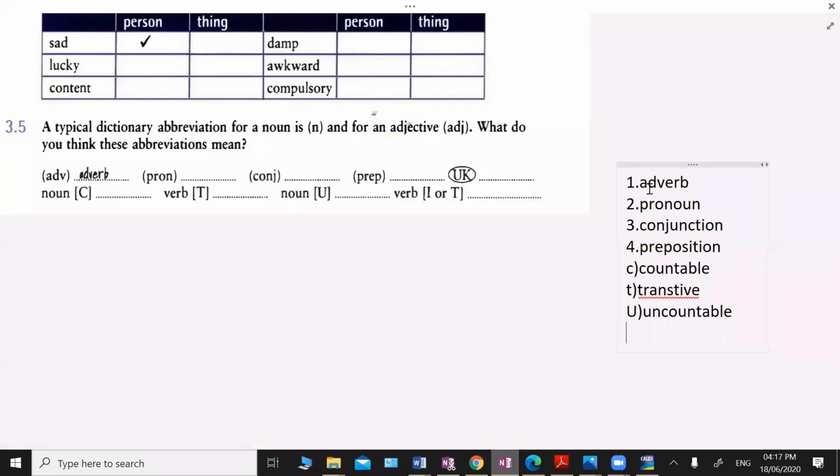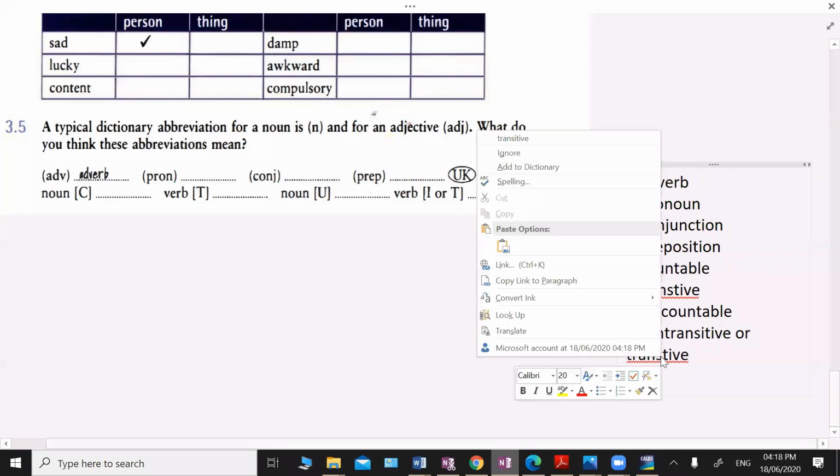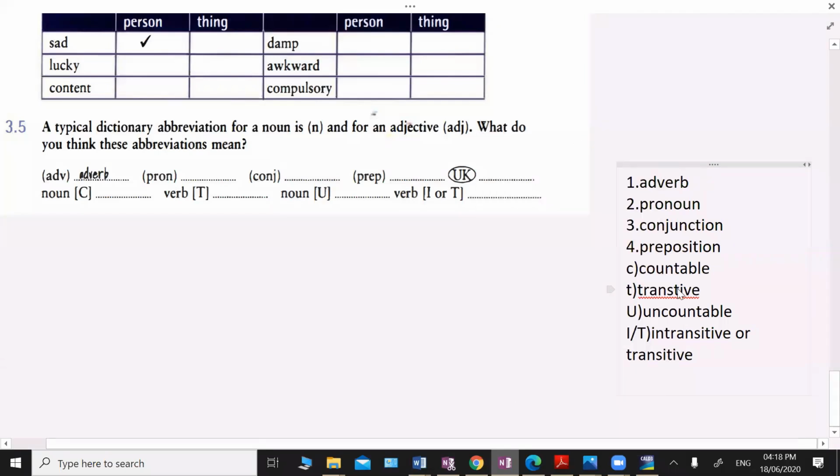And next one, verb I or T. I and T means intransitive or transitive. Okay. It can be transitive or it can be intransitive.